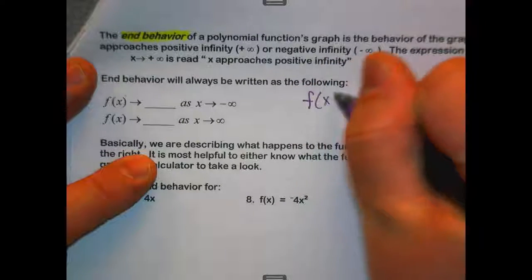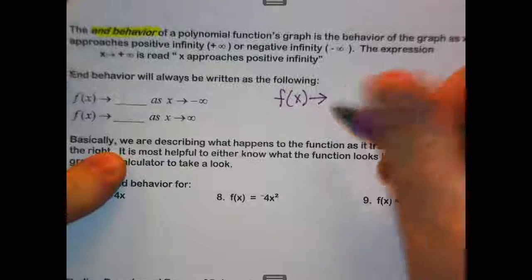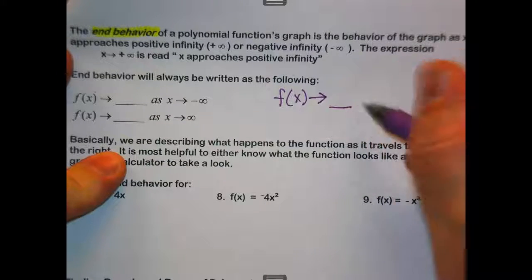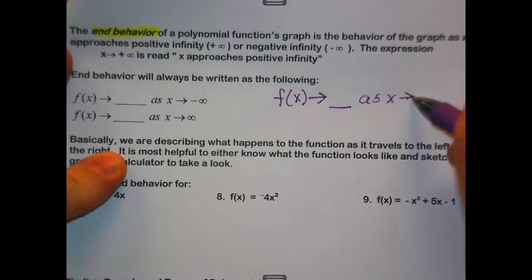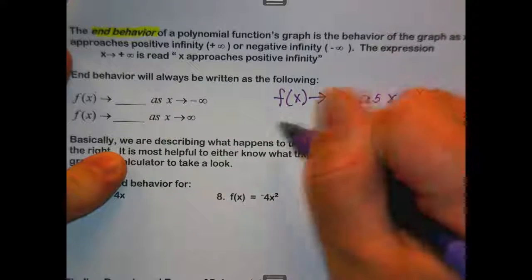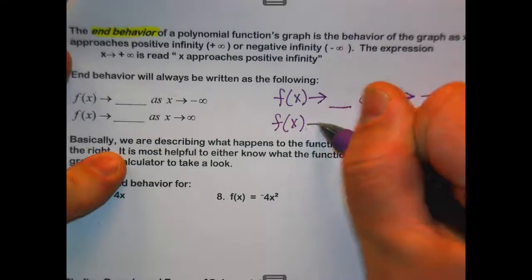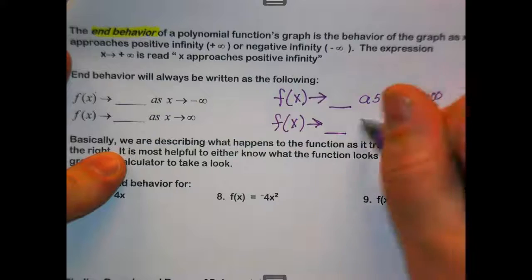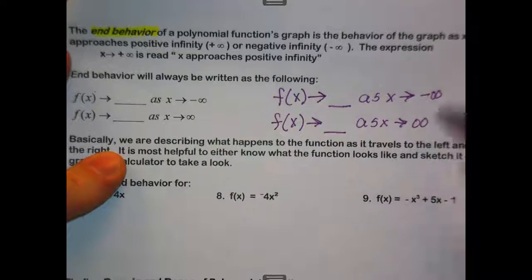The f of x, this arrow means approaches. Blank as x approaches negative infinity, and you're going to write f of x or y approaches blank as x approaches positive infinity.